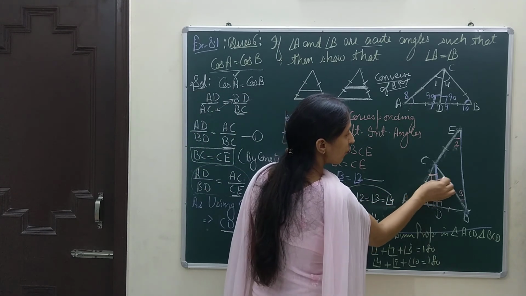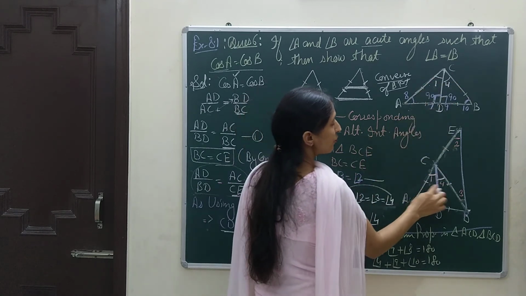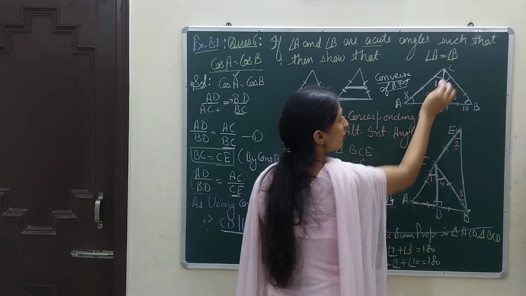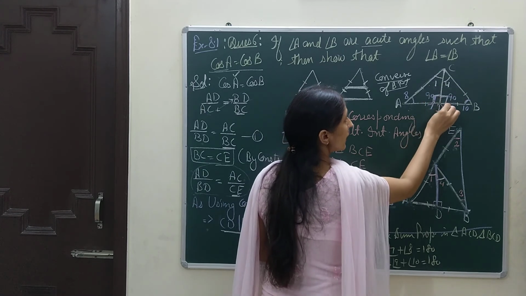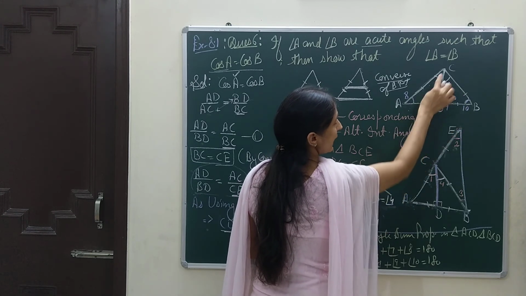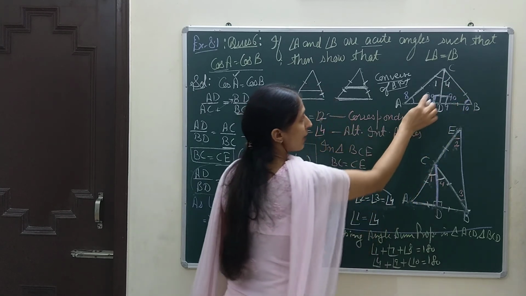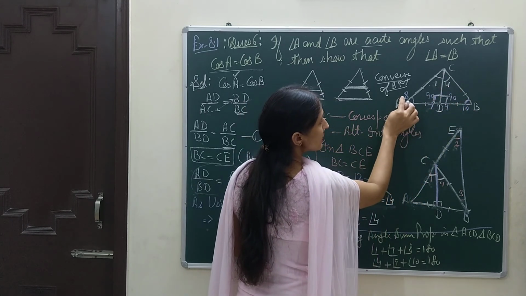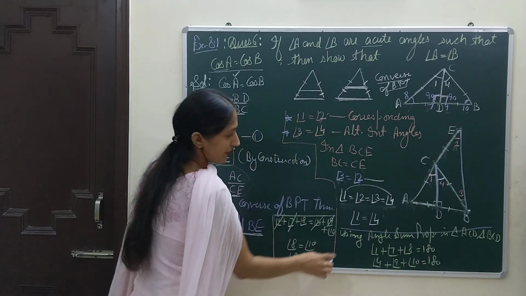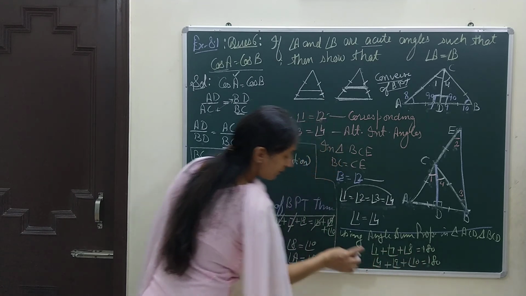Angle 1 and 4 are both equal. Now in this triangle which was originally made, angle 1 is equal to 4, and these two angles are 90. I have marked these angles 1, 4, 7, 9, 8, 10, and I applied the angle sum property in both triangles: 1 plus 7 plus 8 equals 180, and 4 plus 9 plus 10 equals 180. As the right hand sides were the same, I compared the left hand sides.